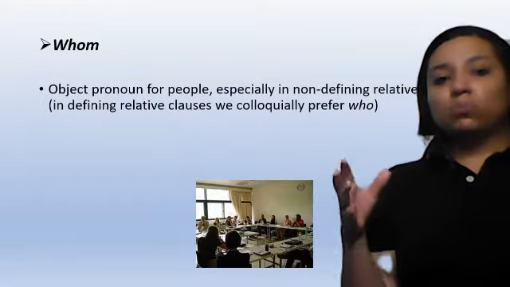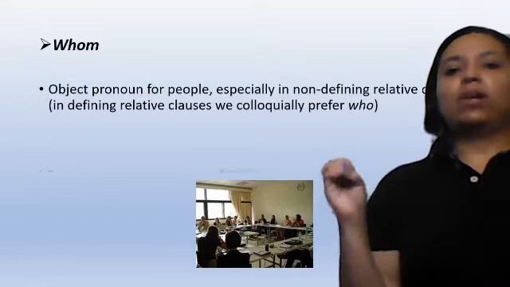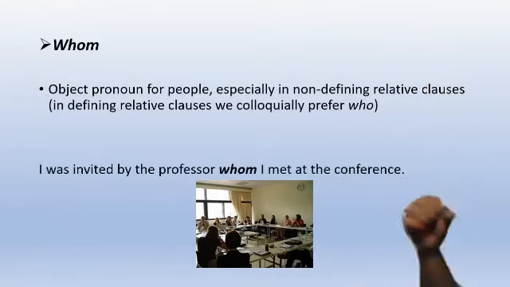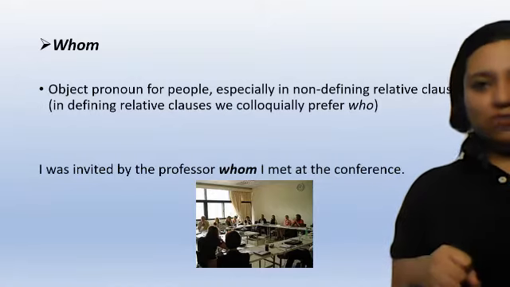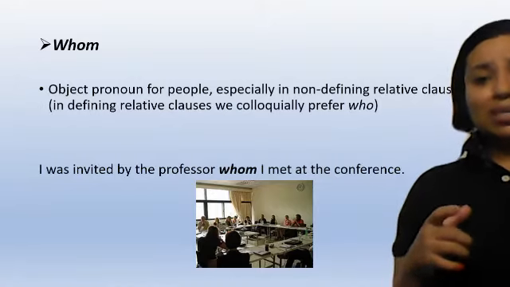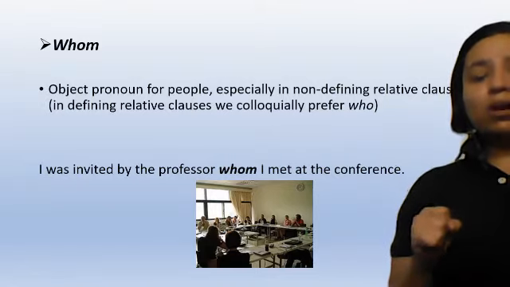But in this case, whom, again, is for people, an object pronoun in non-defining relative clauses. For example, I was invited by the professor whom I met at the conference. So in this case, whom is the object pronoun about the professor.